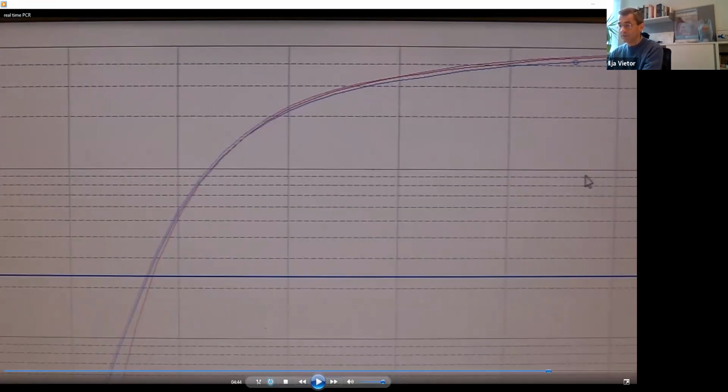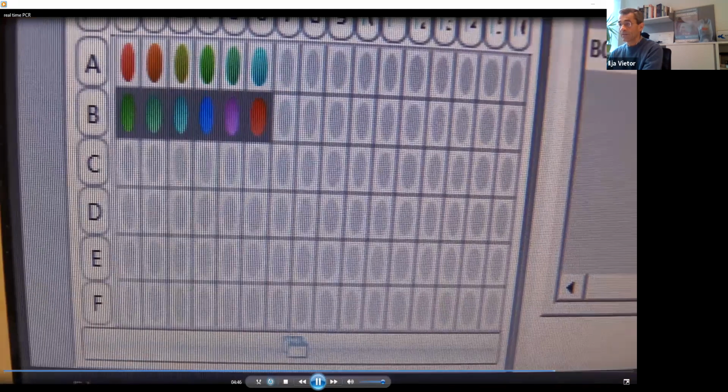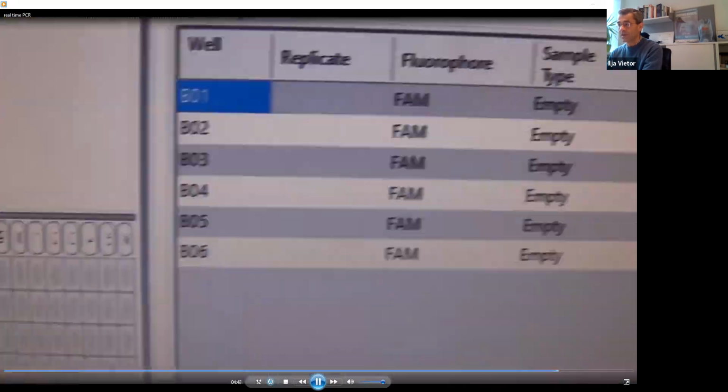So the quality of triplicates is good, but we have much lower CQ than for the wild type. Instead of 19, it's only 13, which tells us what? That we have more material. That means we have to normalize the signal for the DLK1 on this amount of material which was used, and that helps us to normalize the result.